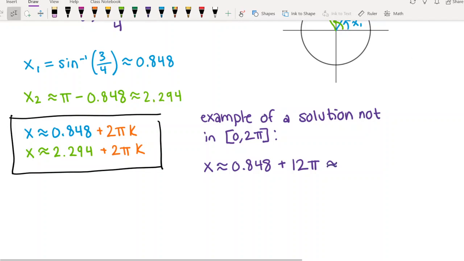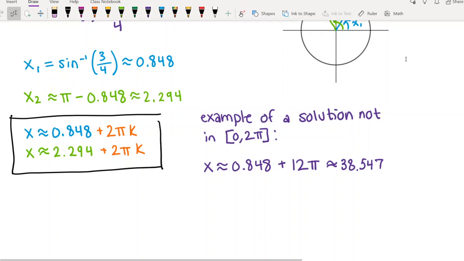So if you type that into a calculator, that gives you, sorry, 1 second, 0.848 plus 12 pi. Sorry, I'm having some technical difficulties. So that would give you 38.547 radians. So that's another solution.